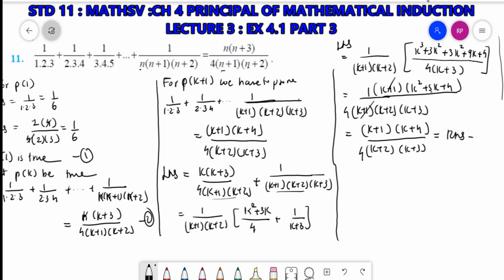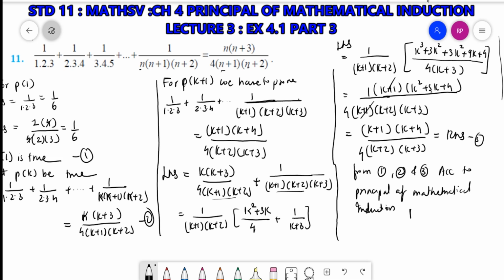So let's name this as third. From 1, 2, and 3, according to the principle of mathematical induction, P of n is true for every n belonging to N. Clear? This was about question number 11.